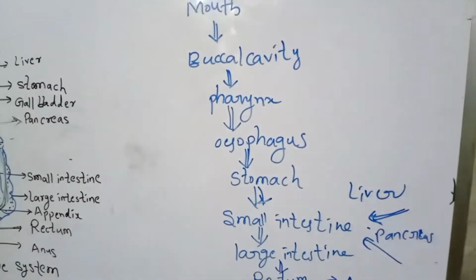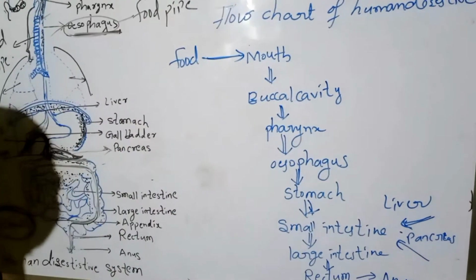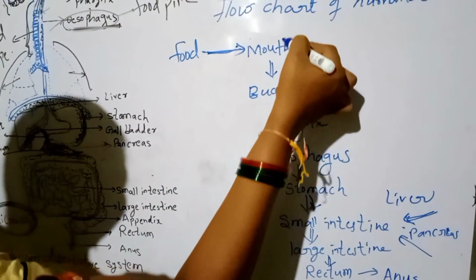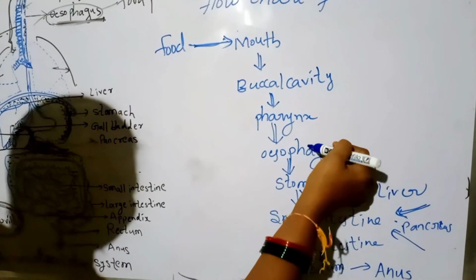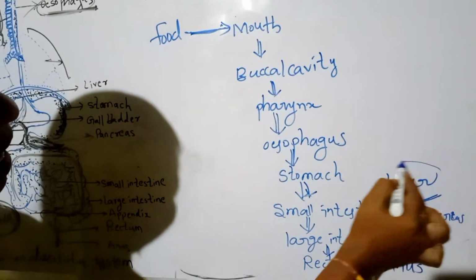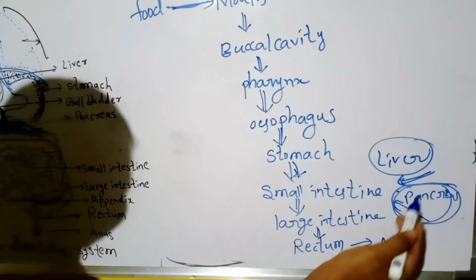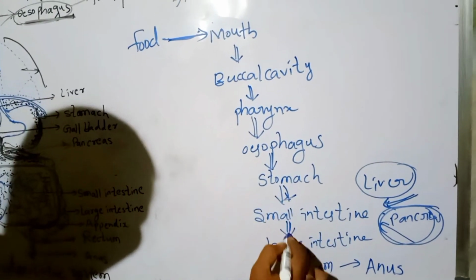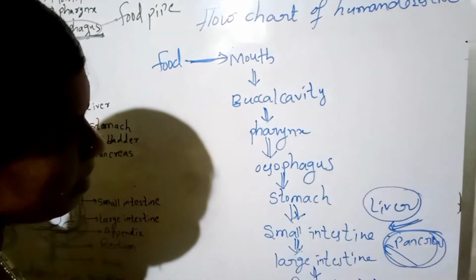We take food through the mouth, then it enters the buccal cavity, pharynx, esophagus, stomach, small intestine. Here liver and pancreas secrete juices, and then after absorption, small intestine to large intestine to rectum, and rectum to anus.